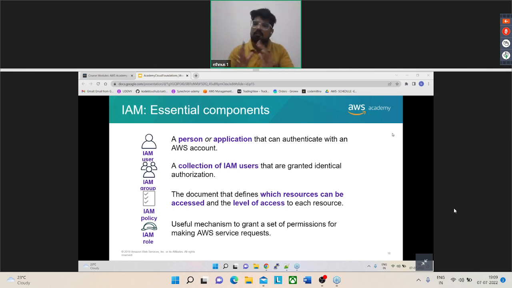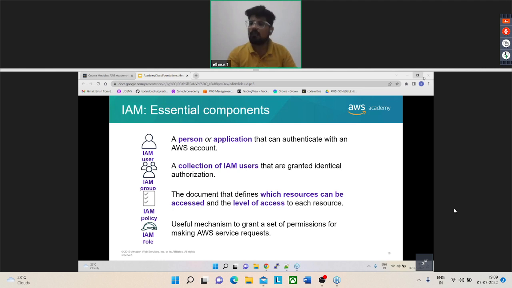IAM is a central service which is used to control AWS resources inside your AWS account. With the help of IAM, you can create IAM users, assign policies to them, and assign policies to AWS resources as well. So you can control everything inside your AWS account, and you can create fine grained policies.